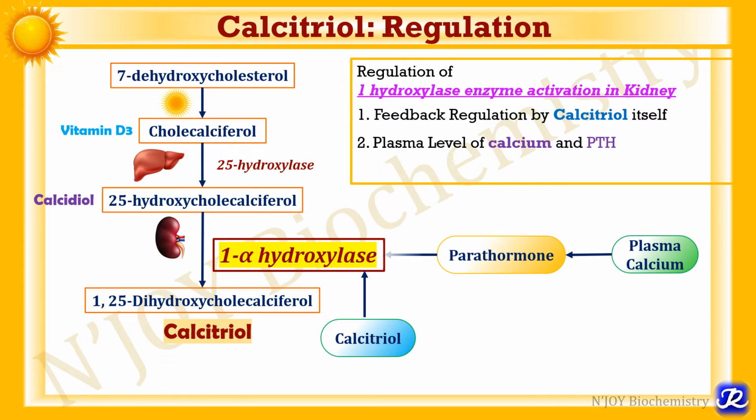So whenever there is decreased plasma calcium, it results in increased parathyroid hormone, and this parathyroid hormone will activate 1-alpha hydroxylase to form more calcitriol, and that's how it is regulated. And plasma phosphate level is the independent regulator of calcitriol level. So whenever there is low plasma phosphate, it activates the enzyme 1-alpha hydroxylase and it leads to increased calcitriol formation.